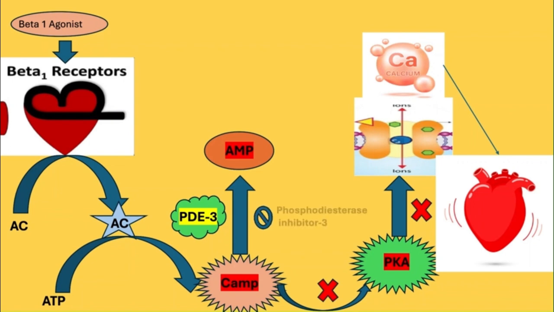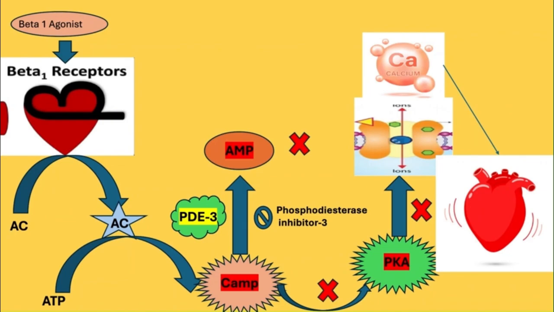Drugs like Milrinone, which are classified as phosphodiesterase 3 inhibitors, will inhibit the phosphodiesterase 3 enzyme, which in turn will inhibit the metabolism of cyclic AMP into AMP.